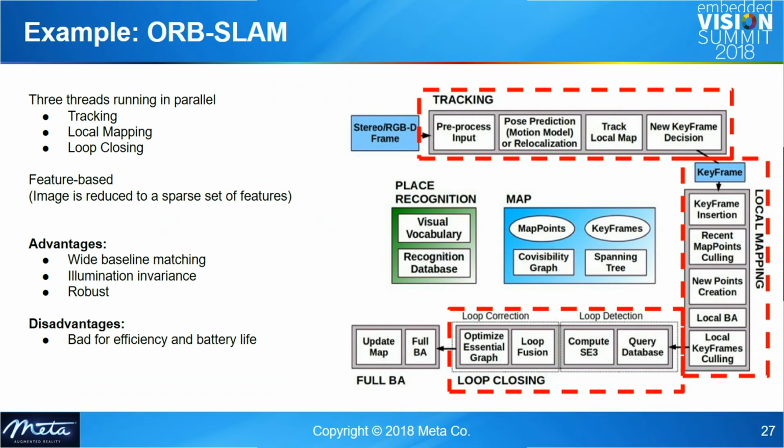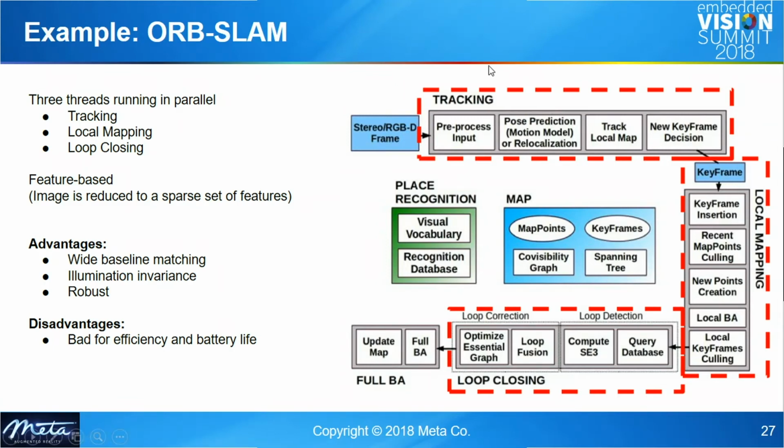OrbSLAM is indirect in that it uses the geometric distance between the key points and map points. It is sparse in that it uses only detected key points, and it is an optimization-based SLAM system. It has three threads.